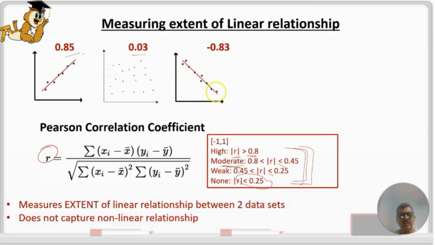Because these are pretty linear, but with a negative slope, you have a negative sign of R. So that's what the Pearson correlation coefficient does. It measures the extent of linear relationship between two data sets, and these are what the values of R indicate.